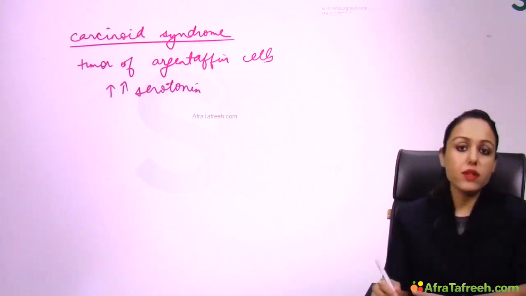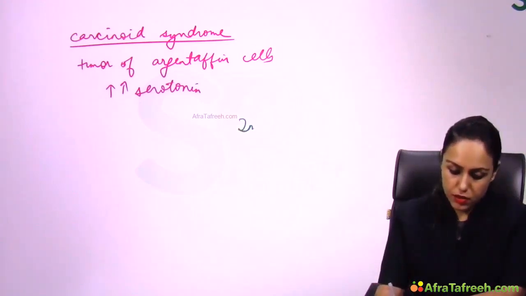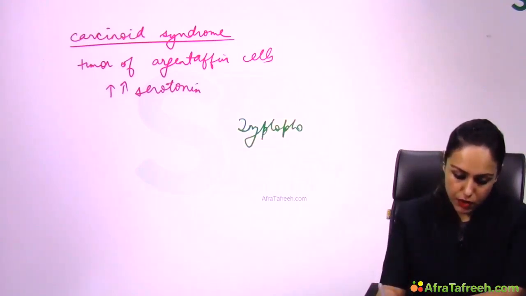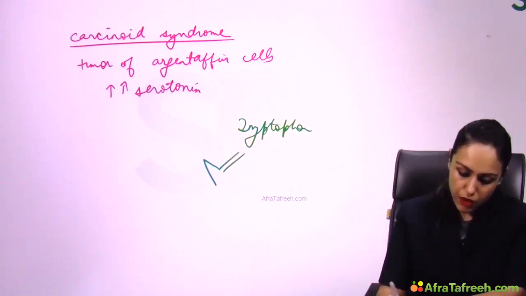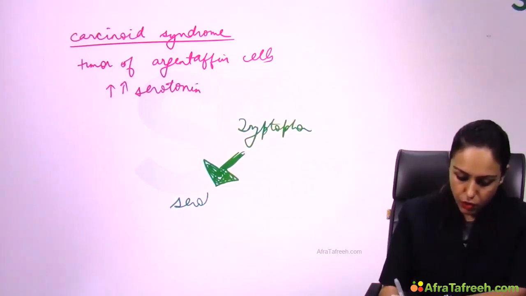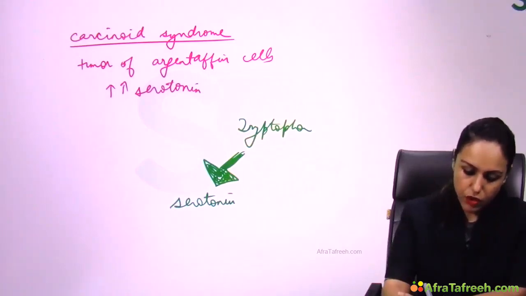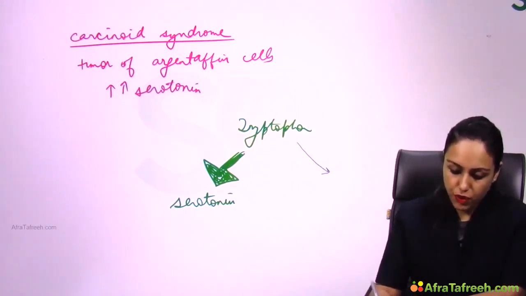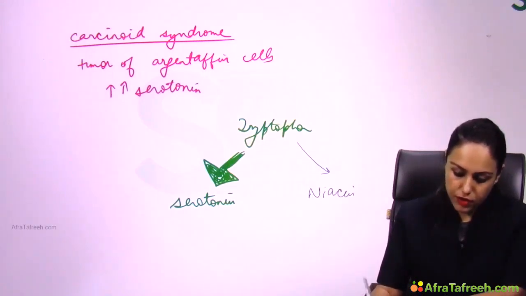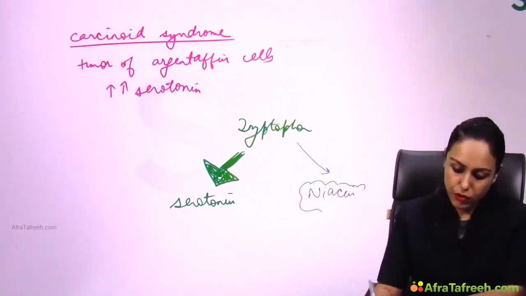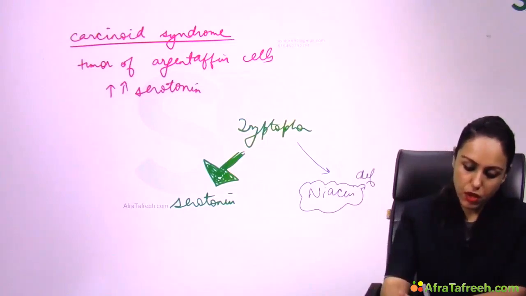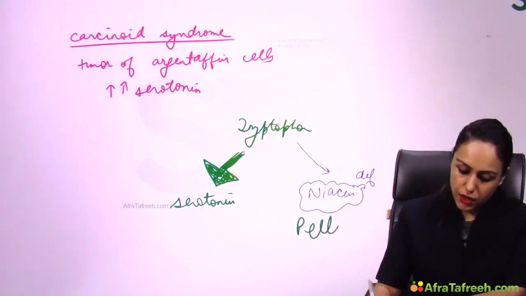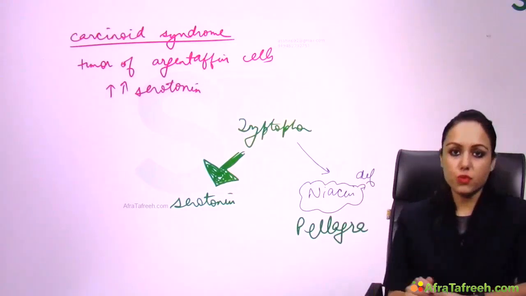So biochemically, what is happening in the body, that too much of tryptophan amino acid is used for the formation of this serotonin, so that very less tryptophan available for niacin formation. So therefore niacin deficiency will occur in these patients, leading to pellagra-like symptoms in these patients, right?